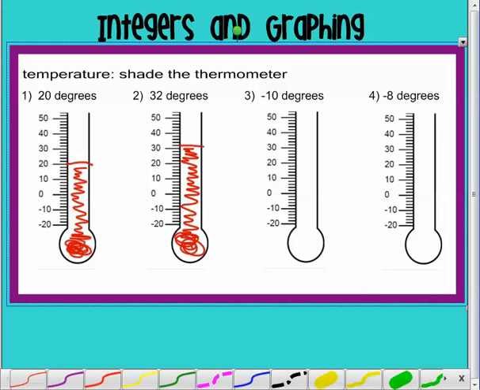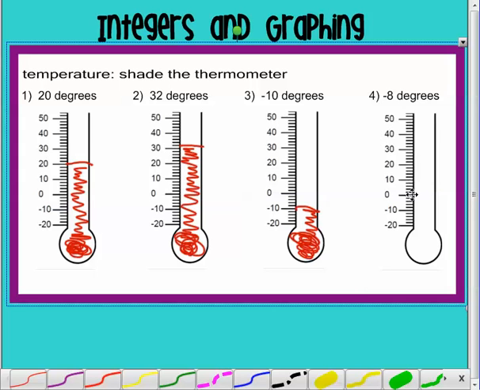In the third example, we're asked to mark -10 degrees. That's 10 degrees below our reference point, below 0. So now, instead of moving up, we're moving down. We're moving below. So down to that -10. We're going to make our mark, color in. And then in the final example, we're at -8 degrees.